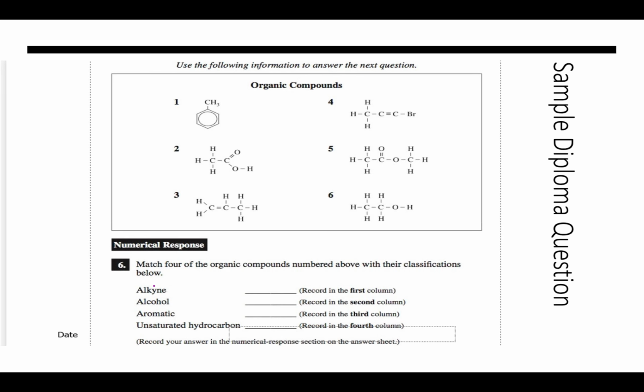Here's another example, and I like to put more than one like this just to show how repetitive these diploma questions can get. But we're still doing the same thing. Identify alkyne. We need a triple bond, so that would be number 4. Identify an alcohol. We need an OH on your main chain, so number 6. Aromatic, you need to see benzene, so 1.